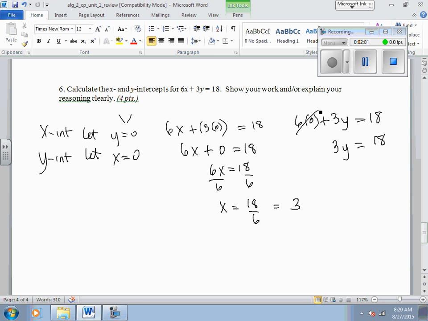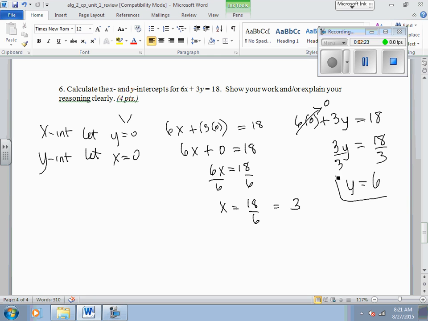I don't need to put the plus 0 anymore, right? And then the last step should be fairly simple, isn't it? Divide by 3. As long as you get y to be a positive 1y, then you're good. You don't have any other steps. Now 18 over 3 is 6.